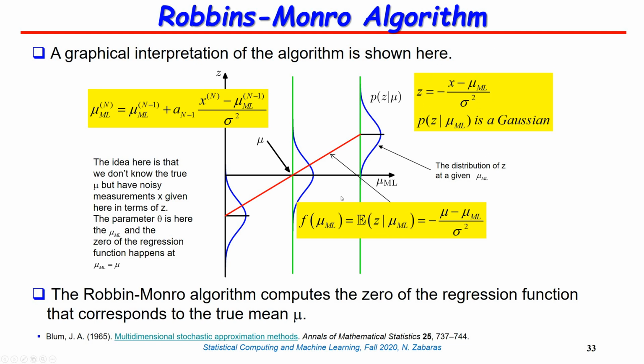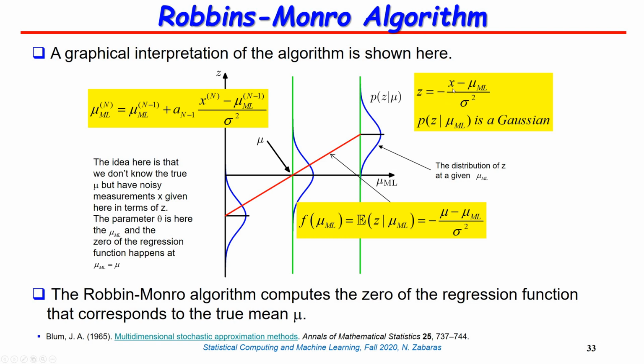All right. So effectively, at each value of the MLE parameters, this z follows a Gaussian. The regression function evaluated at that particular value of the MLE estimate of mu is nothing else but the mean of z.